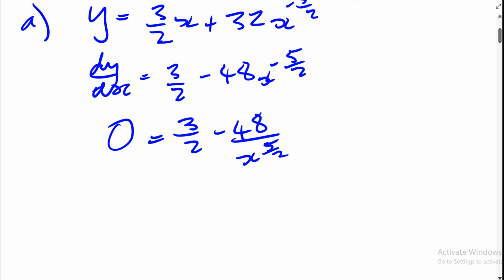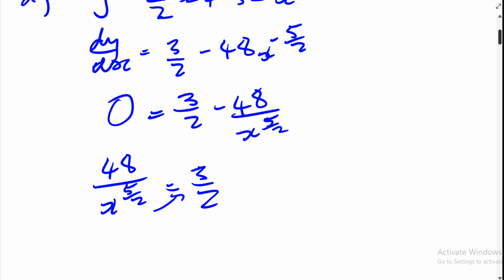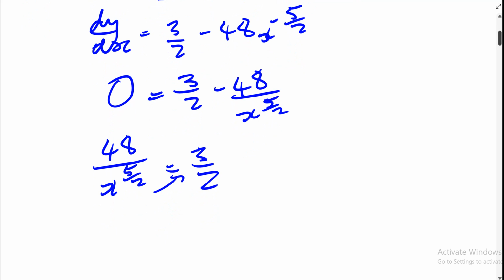If we move that to the other side, we've got 48 over x^(5/2) equals 3/2, and we can cross multiply there. We can move that to the top, times 48 by 2 and divide by 3, and that will give us 32 equals x^(5/2).